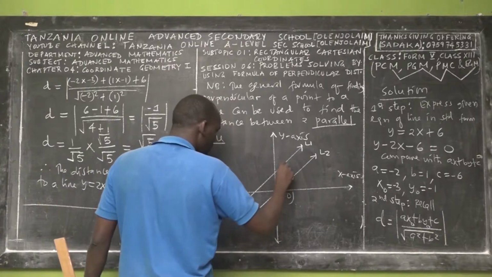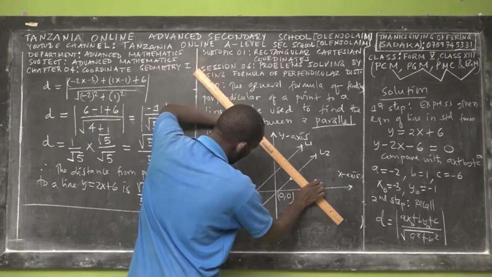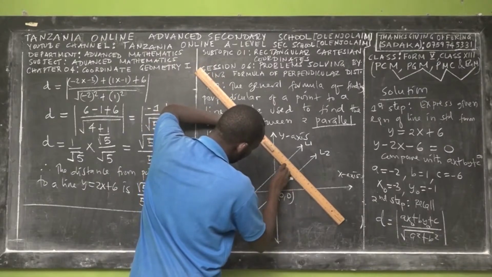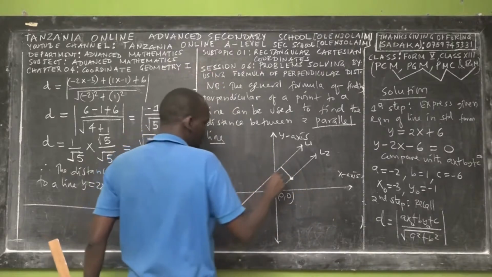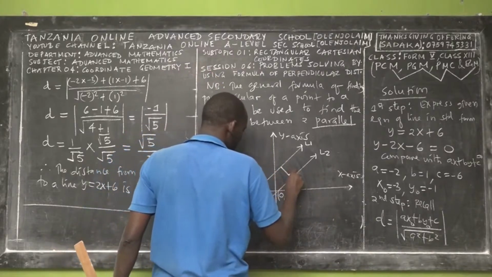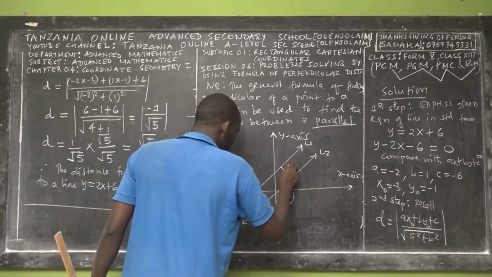So simply you can find the distance between these two lines. So this is the perpendicular distance.